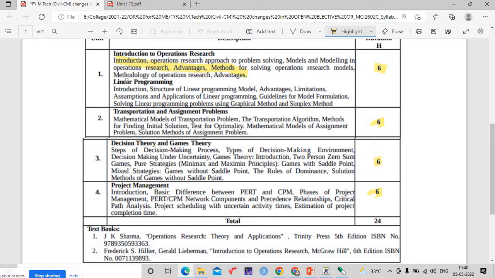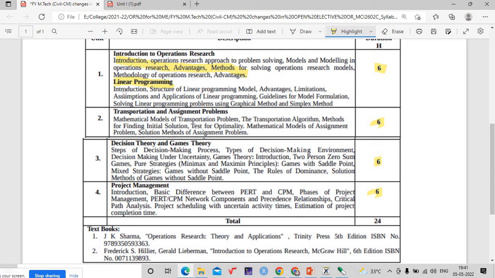Then further half part of the first unit is linear programming, where actual linear programming model we are going to deal with. The very first thing is that certain verbal problem will be given, which can be modeled into the mathematical equation, and that mathematical equation can be solved using the techniques of optimizations that we are going to study over here.